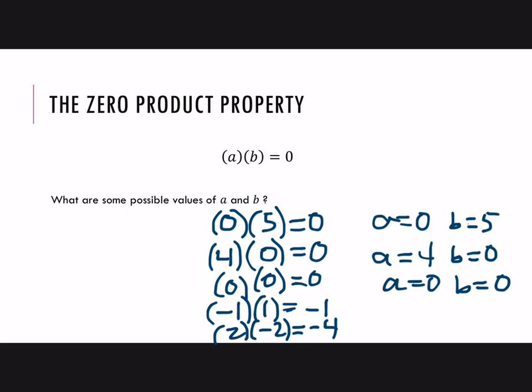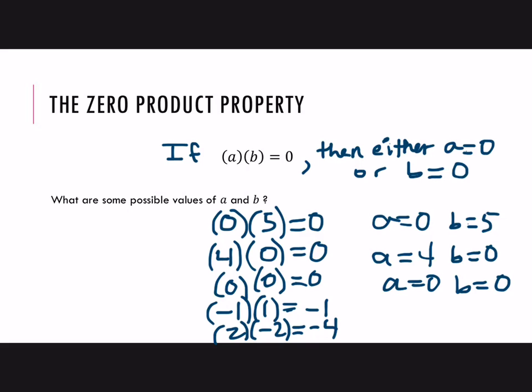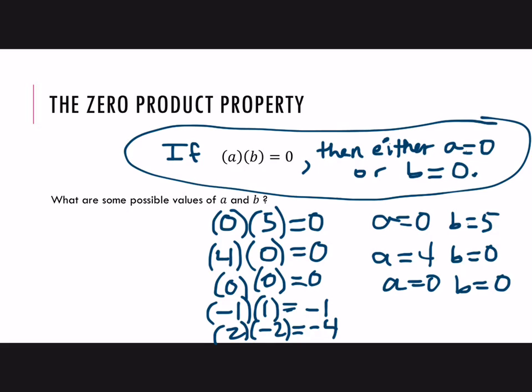It says that if a times b equals 0, then either a equals 0 or b equals 0. And it's implied that it could be both. We saw that example: a and b could both be 0, but the minimum is that one of them has to be a 0.